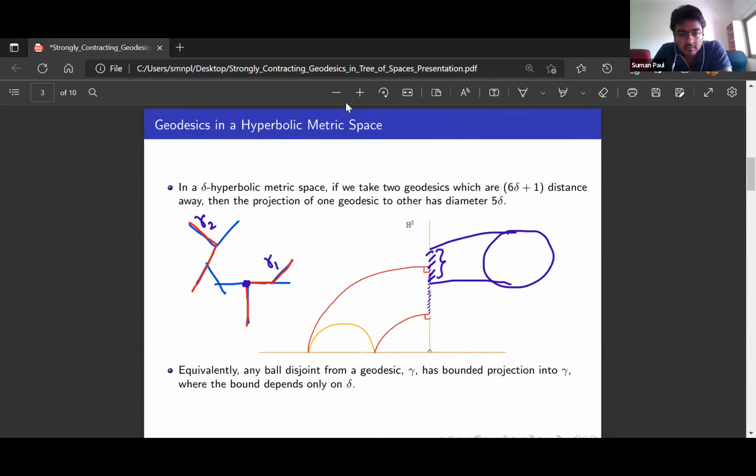So this is one property, and this is another property, but they are equivalent. Instead of considering a ball, can you consider any quasi-convex subset? Yeah, true. So the sigma will be bigger, not delta, the sigma.